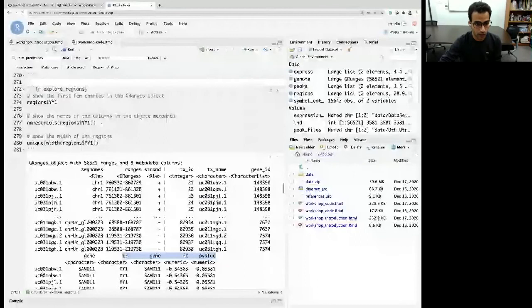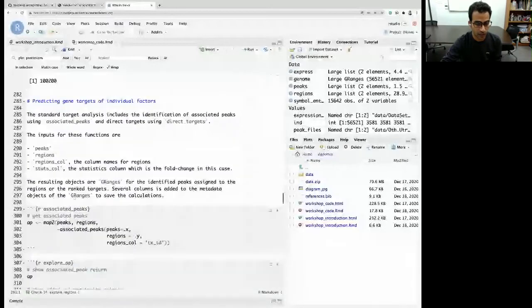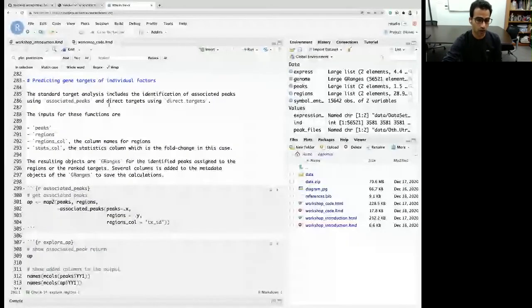So here are the names from the original object and from the new object, and I see here that we get the correct size, the resized ranges that we chose already. Now to predict the gene targets of individual factors, I'm using the associated peaks function and then the direct targets function.